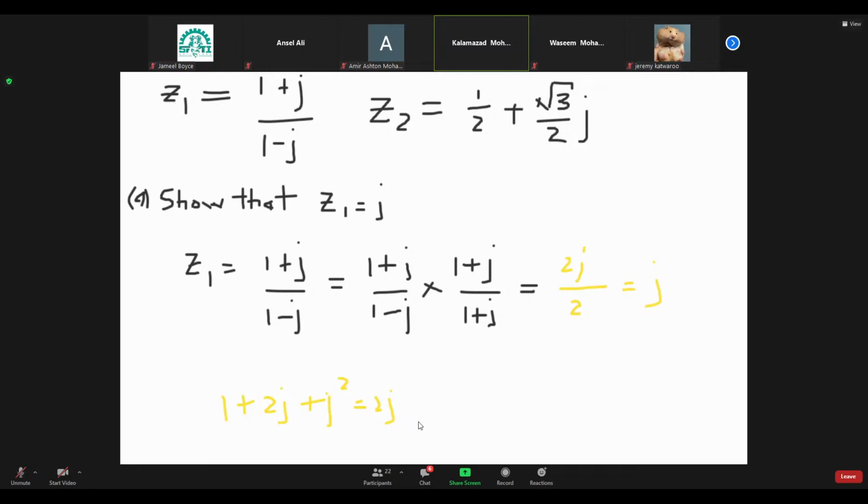Any questions? All right, next part. All right, so part B. Show that the modulus of Z1 is 1.